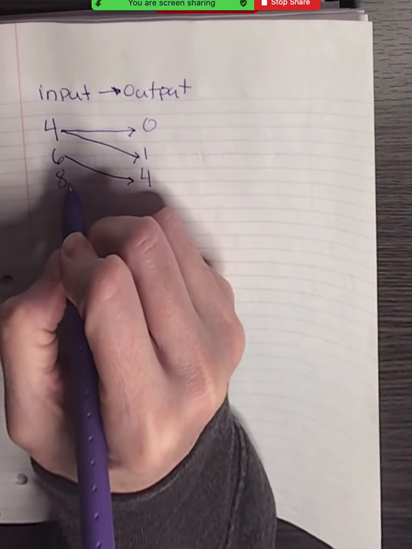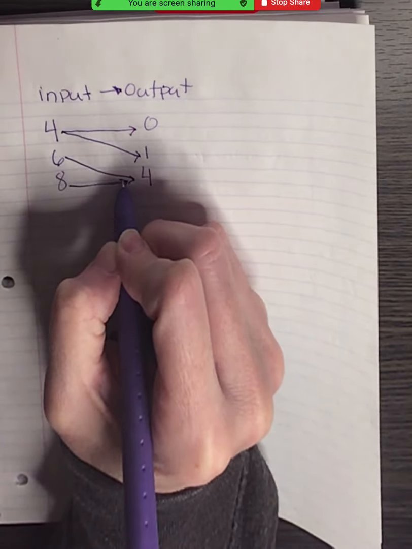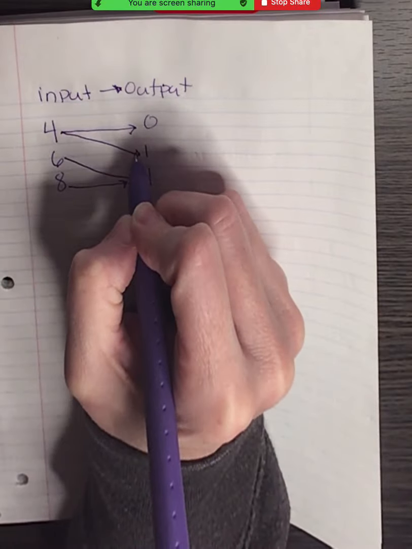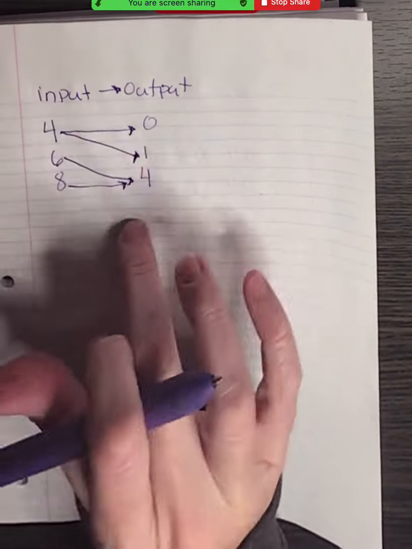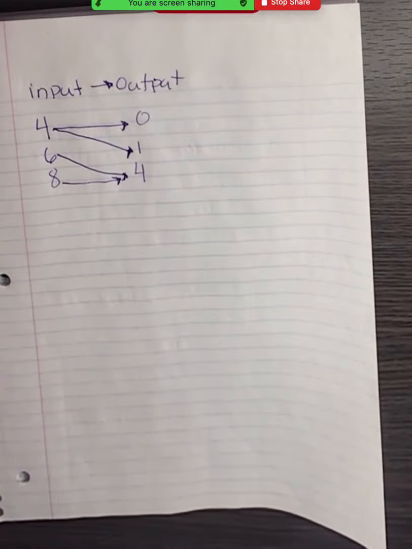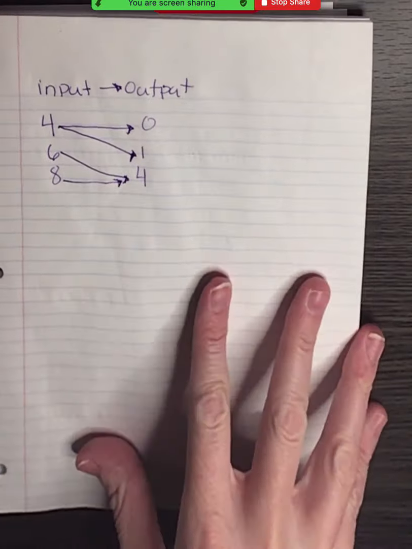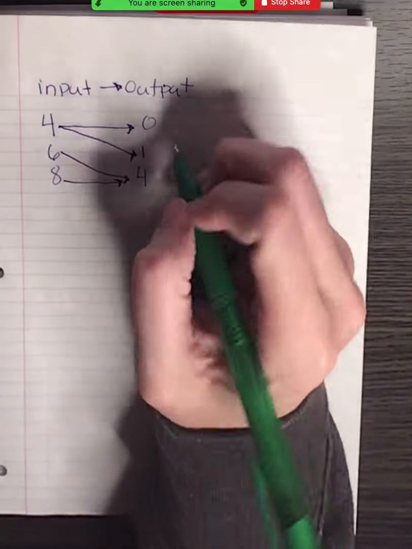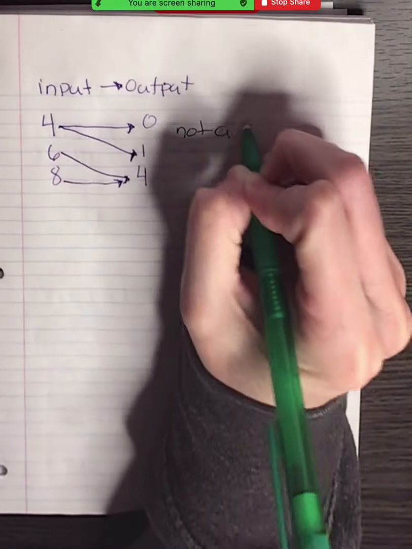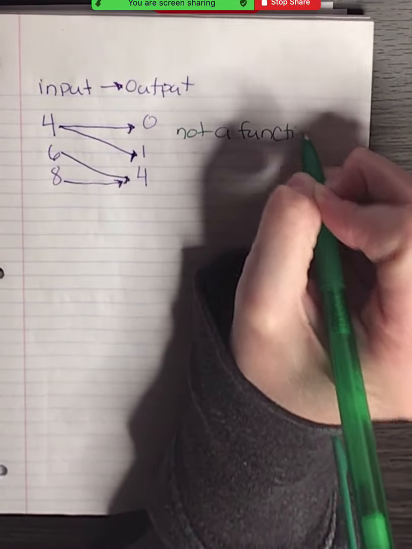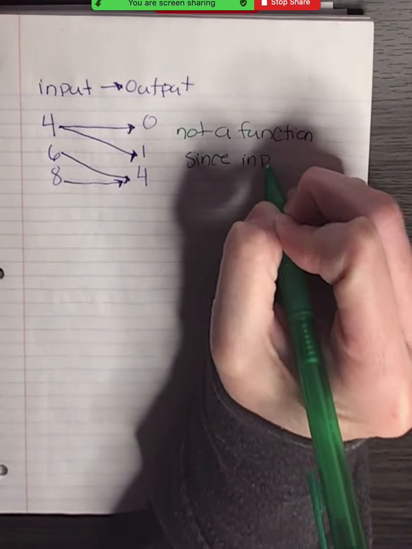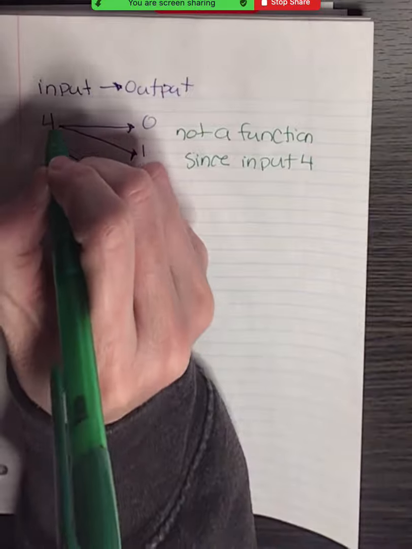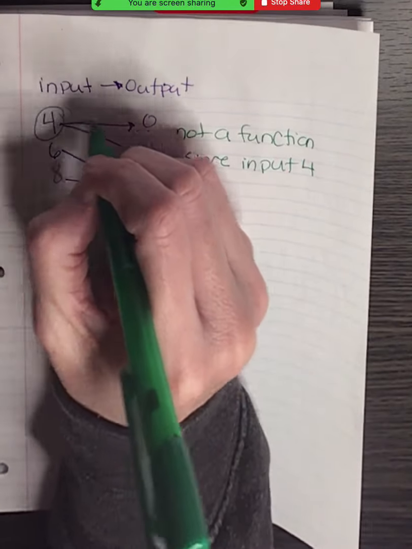And if I put 8 in, I get 4 out. We don't know what the rule is. We just know that these inputs map onto these output values. Looking at this relationship, we're going to say this is not a function, since the input of 4 has 2 different outputs.